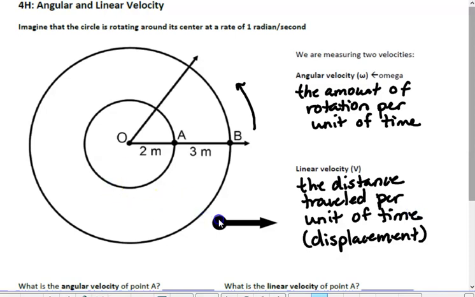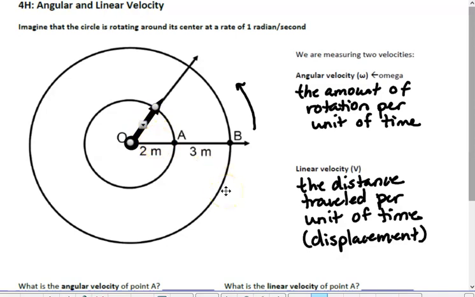So let's take a look at our point A and point B here. If we're moving at a rate of 1 radian per second, that means if I travel from here to here, then I've moved 1 radian.